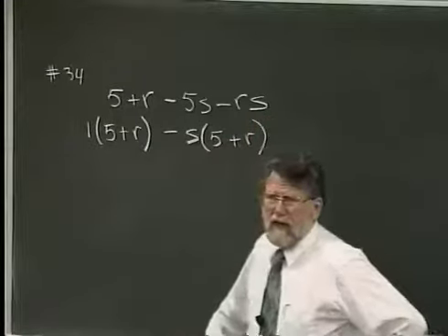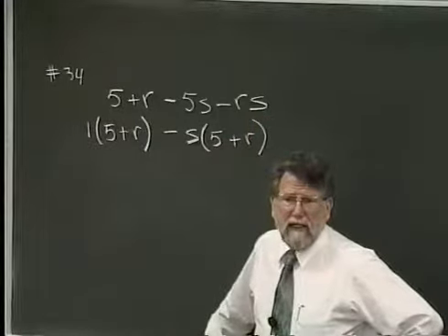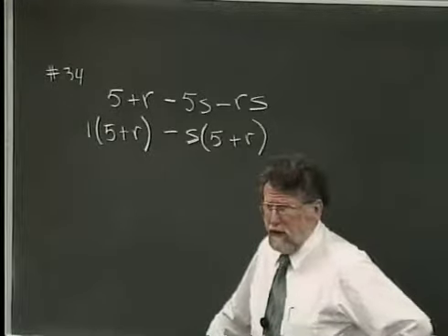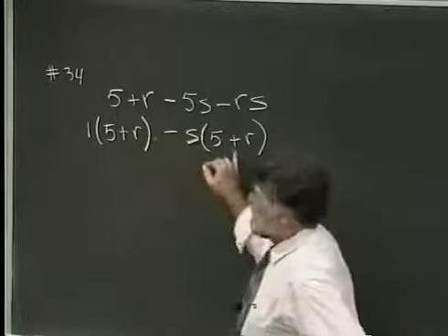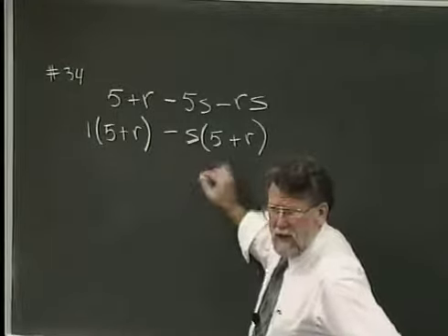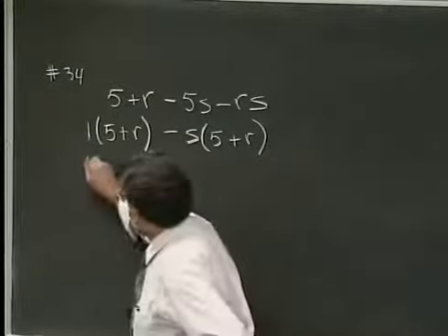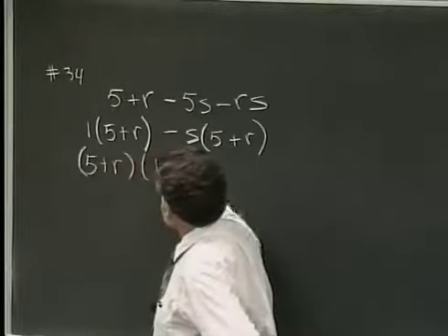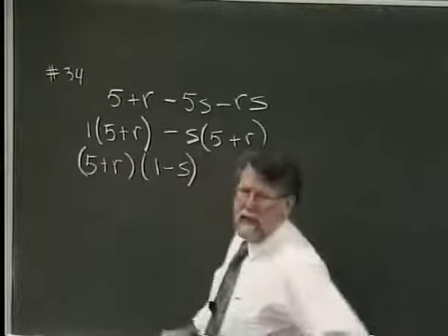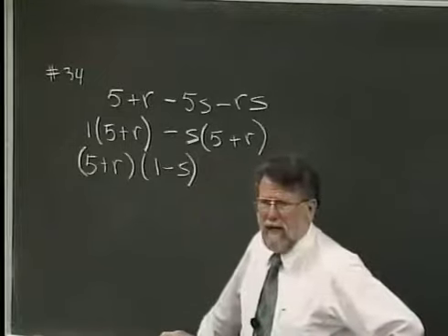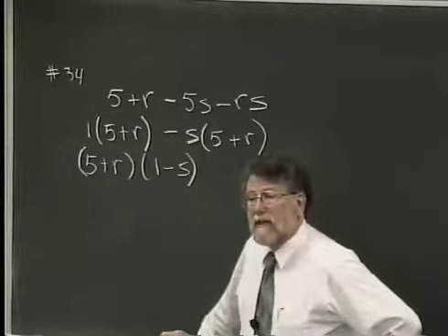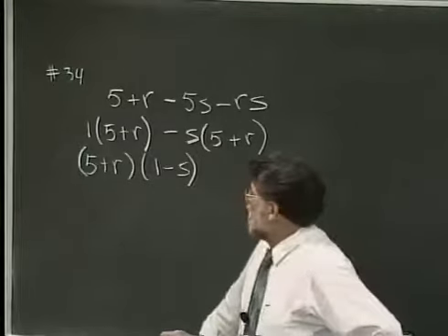And now the observation is that the 5 plus r is in 2 different products. It's in the first product, in the second product. It is a common factor, so I'll remove the 5 plus r and have 1 minus s left, and indeed I have my factoring, which could be written, if you wish, as 1 minus s times 5 plus r.